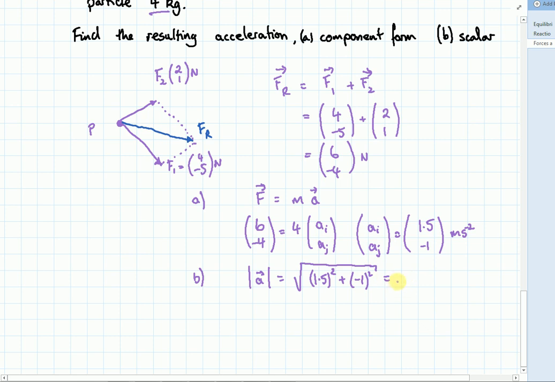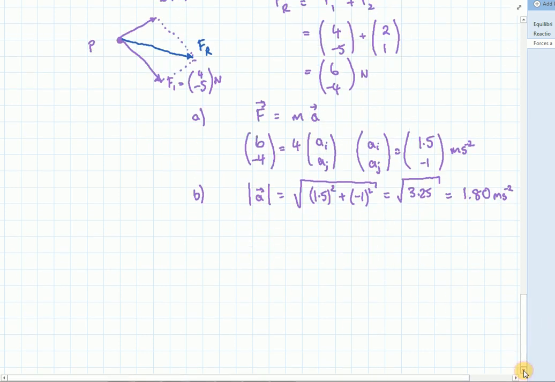Square root of 3.25, which is 1.80. Remember, 3 significant figures for suitable accuracy. That's my acceleration.